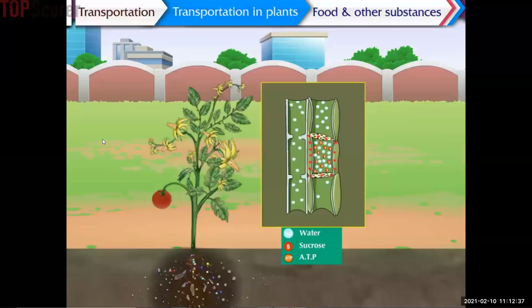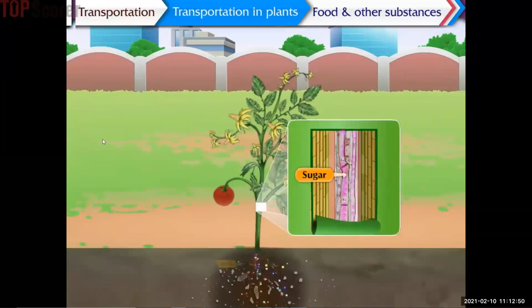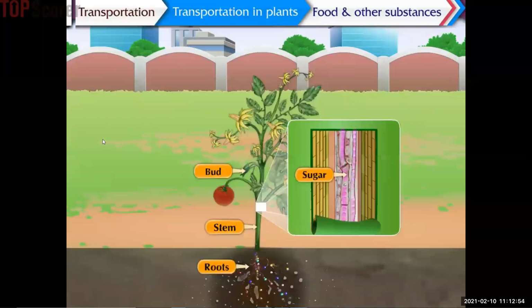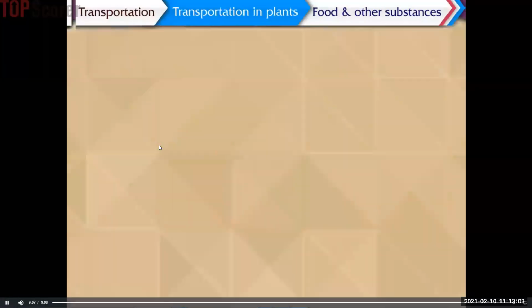This pressure moves the food materials to the adjacent cells with low pressure. This allows the phloem to move material according to the plant's needs. In the flowering season, sugar stored in the roots or stem is translocated to the buds for growing them into flowers. After studying about the life process transportation, let us now learn about excretion.